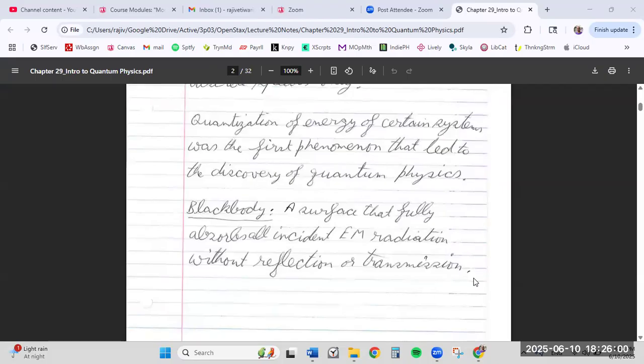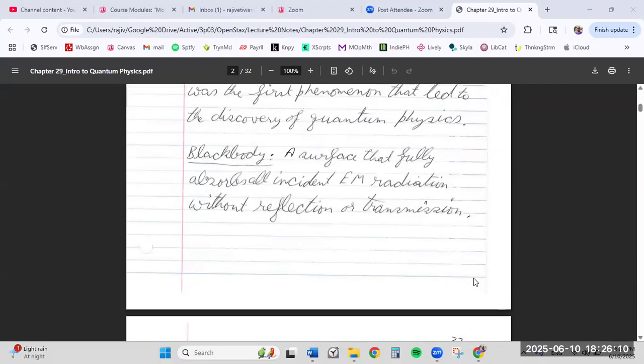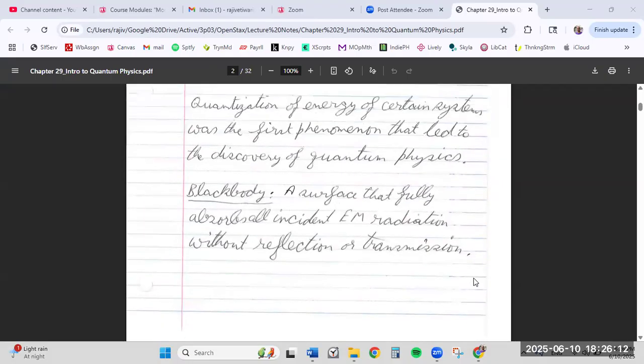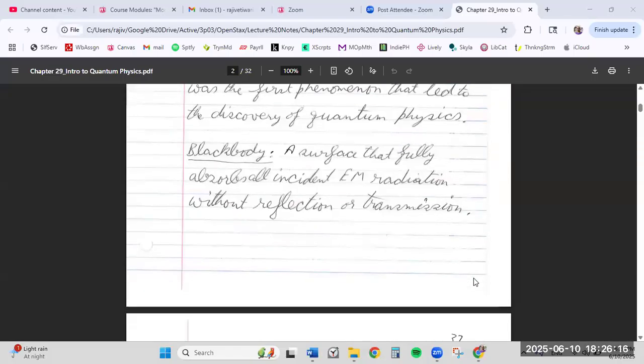Quantization of energy of certain systems was the first phenomenon that led to the discovery of quantum physics. Before we get to quantization of this system, let's talk about the system itself, and that system is called a blackbody. A blackbody is basically a surface that can fully absorb all incident electromagnetic radiation.